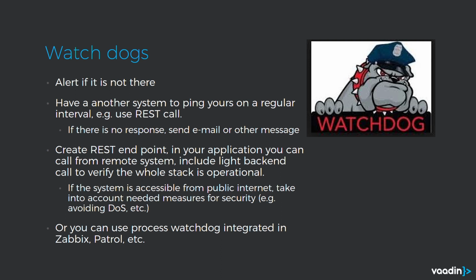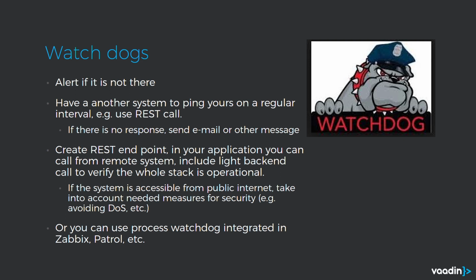If you don't want to use this kind of enterprise tool, you can set up a simple watchdog pretty easily by having another system ping your application at regular time intervals, and that is pretty easy to implement. You can, for example, create a REST endpoint in your application, a very light backend call, so that you get a kind of whole-stack check that it's operational.